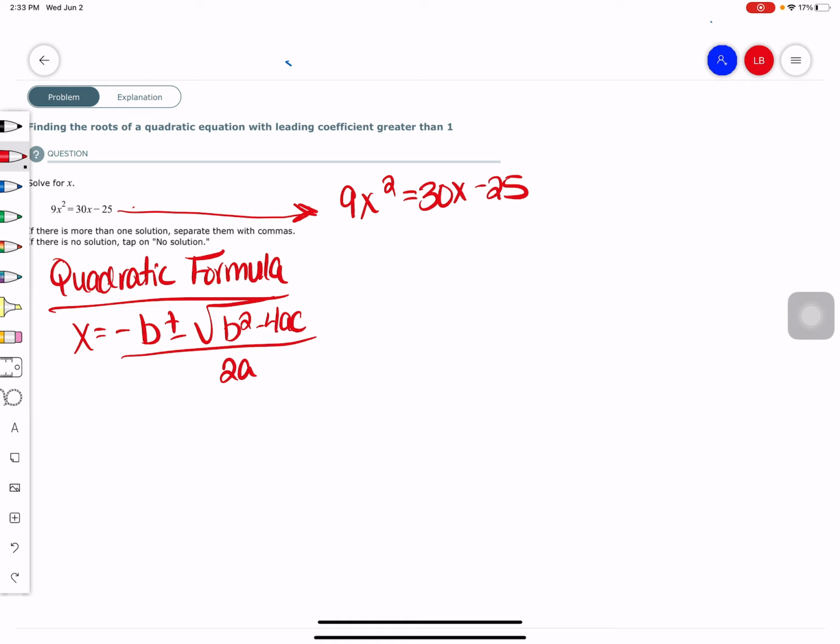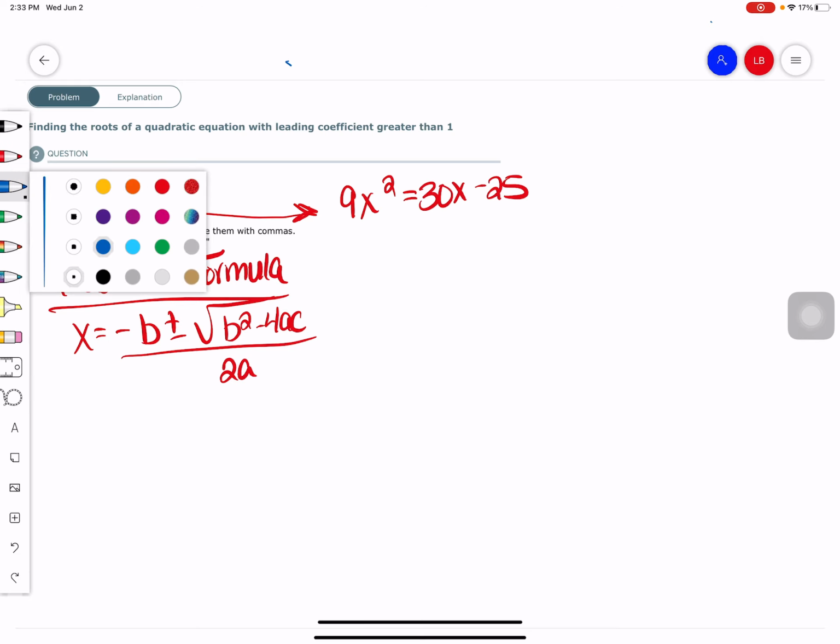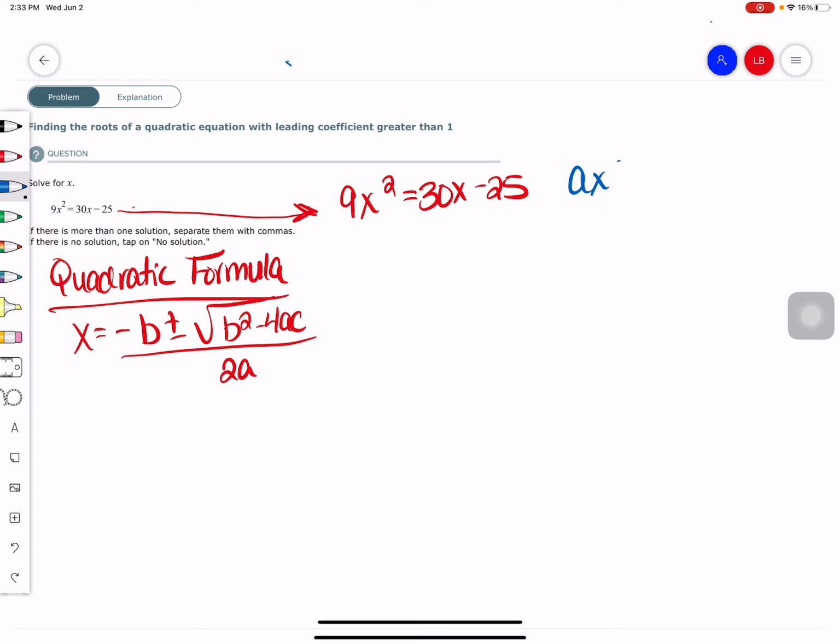I want to put it in the form of ax squared plus bx plus c is equal to 0, which means I need to take this quadratic equation and set it equal to 0.